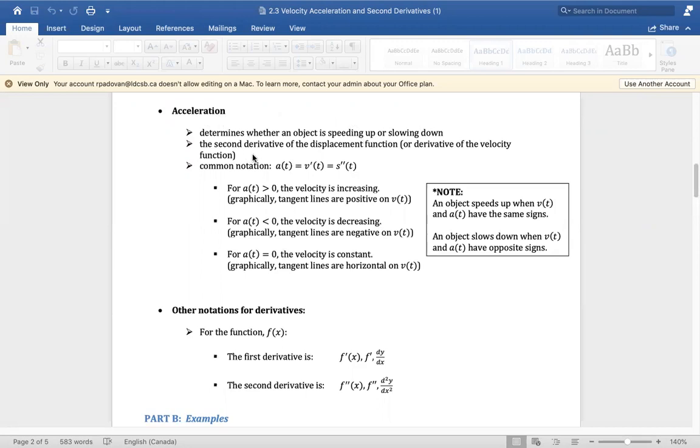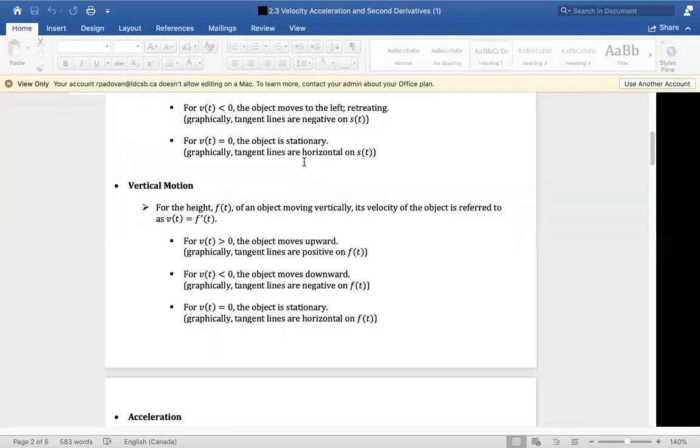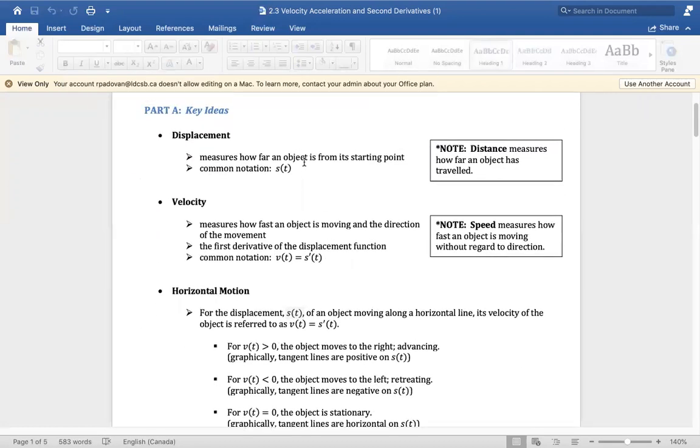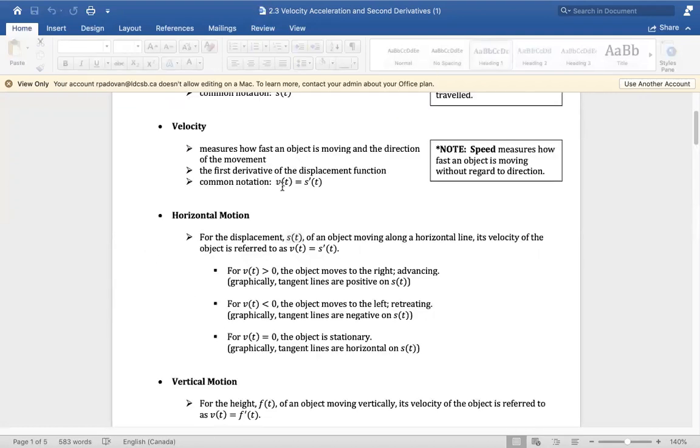This is getting the second derivative of the original function. The velocity function is the first derivative, right? The velocity function is getting the first derivative, s prime of t.